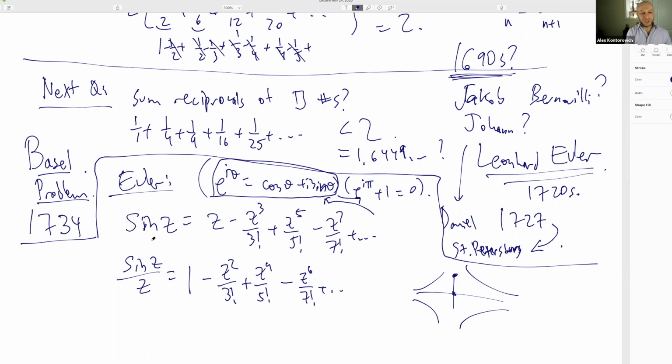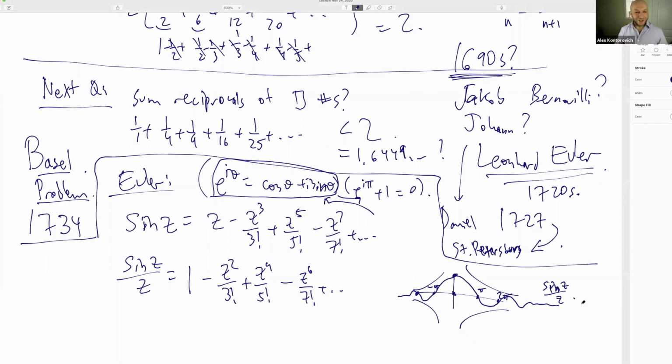It still has the same zeros as sine, except for the 0 that we removed at 0. So there's a 0 at pi, at 2 pi, at negative pi, and at negative 2 pi. So the function does something like this: boom, boom, boom, boom, and it gets smaller. Okay, so this is sine z over z. So far, so good?